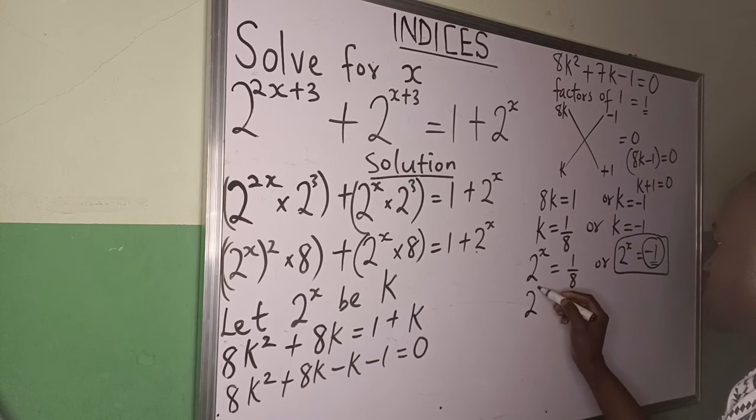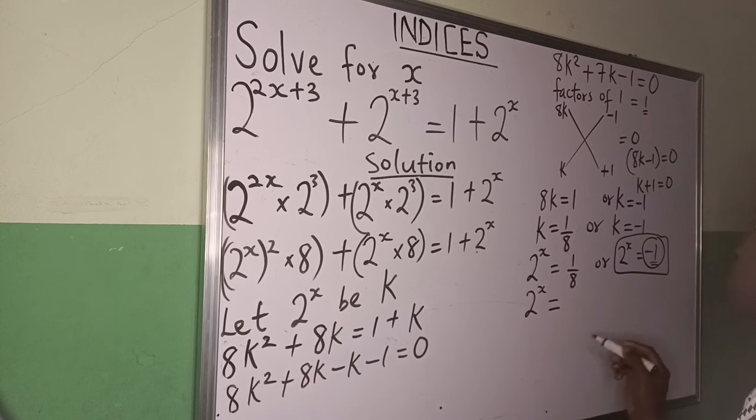That will be giving you 2 raised to the power of x equals 1 over 2 raised to the power of 3. And that implies that 2 raised to the power of x equals, from the law of indices, 1 over 8, which is 2 raised to the power of minus 3. Now, since the base is equal to the base, the powers will be equal. Therefore, x will be equal to minus 3.